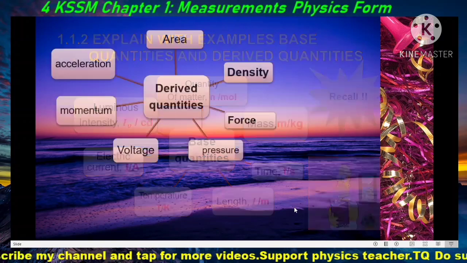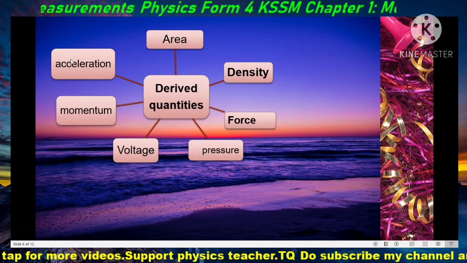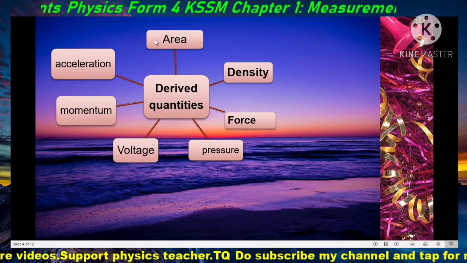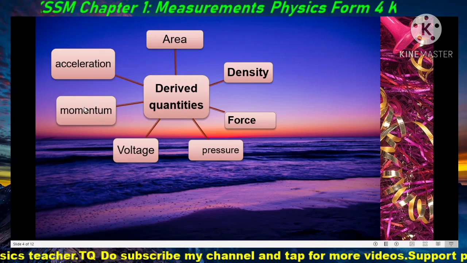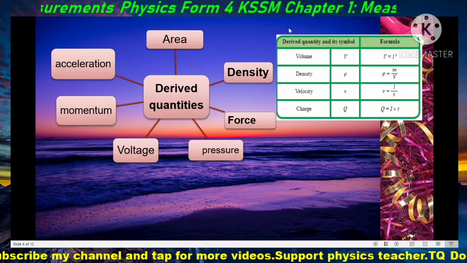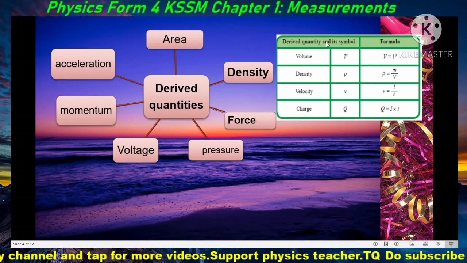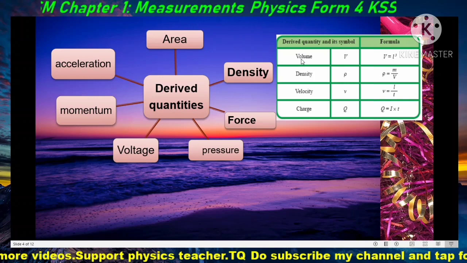Next, for derived quantities, these are some examples: area, density, force, pressure, voltage, momentum, and acceleration. Look at this table: derived quantity and its symbol, and also formula. For example, volume.